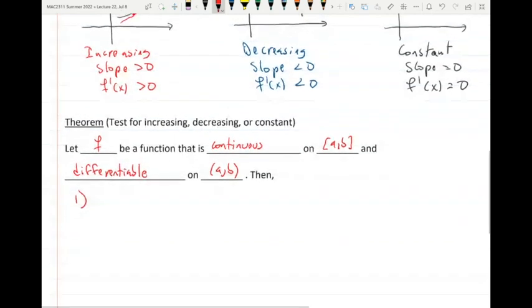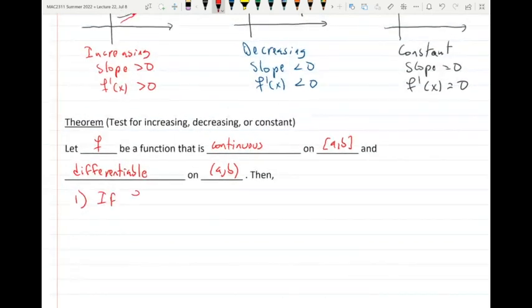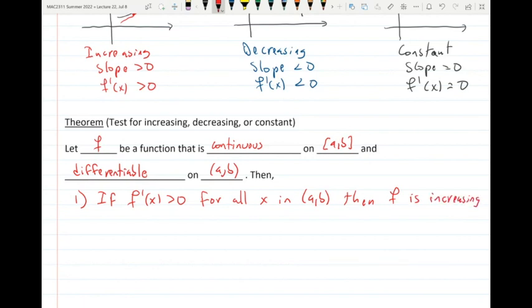Number one, if the derivative is greater than zero for all x in (a, b), then the function is increasing on that interval.